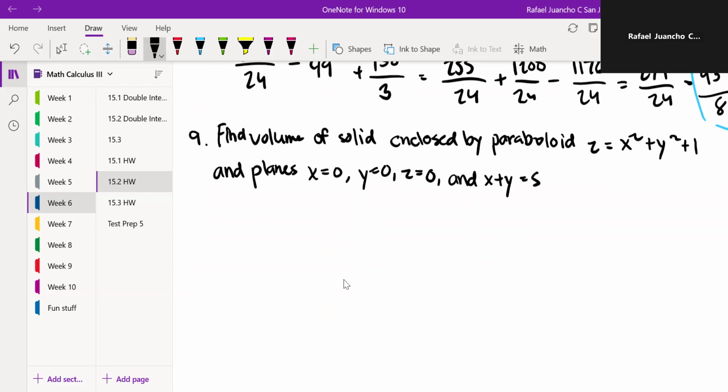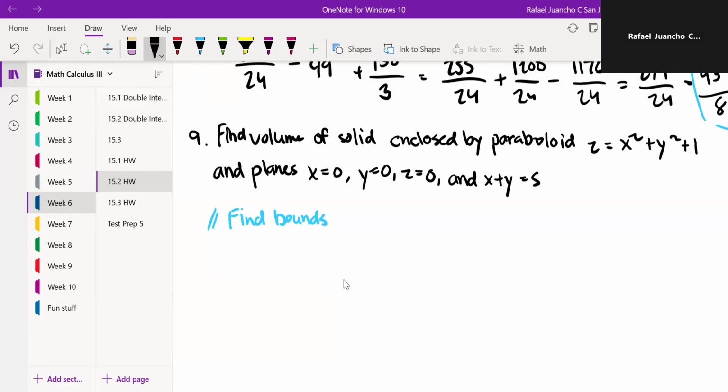Right. So we have our equation, right? But then we need to find our bounds. So how do we find our bounds here? Here we have x equals 0, y equals 0.